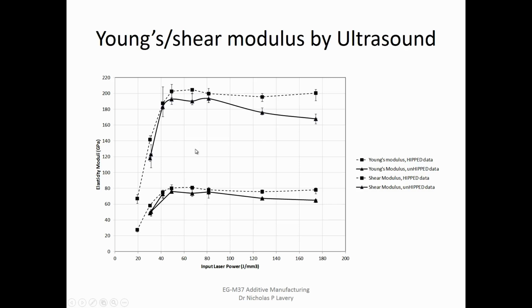And there's a peak point here. So this was telling us that the way in which we built that material with the laser was actually modifying the microstructure in such a way that it was having an influence upon the elasticity properties of the material.